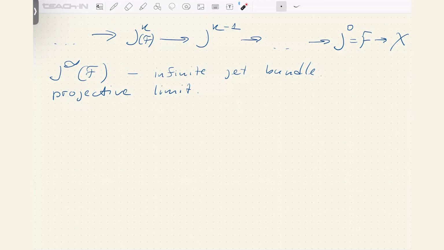So a point in j^k projects to the respective point of j^(k-1). In this way, you can think of it in quite an explicit way. So this is called the projective limit, and this is the infinite jet bundle, which at first glance looks like an infinite dimensional space. And you can ask me, why do we actually do it?